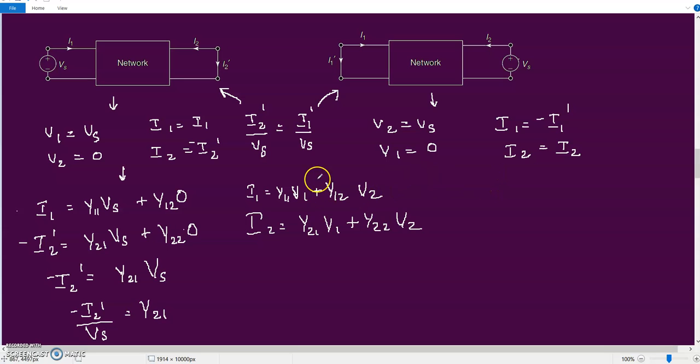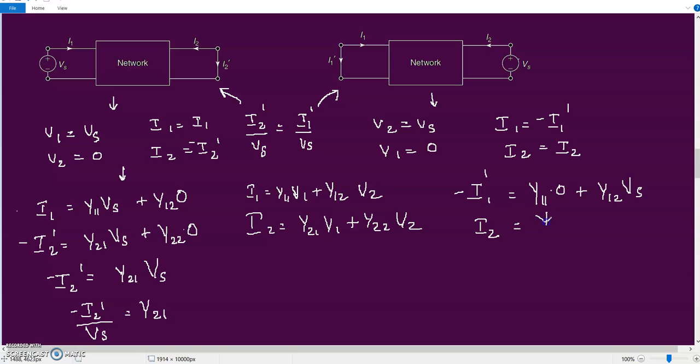Now let's put these values in these two equations. I1 is minus I1 dash, which is equal to Y11 into V1, V1 is 0, plus Y12 into V2, V2 is Vs. Next, I2 is I2 itself.